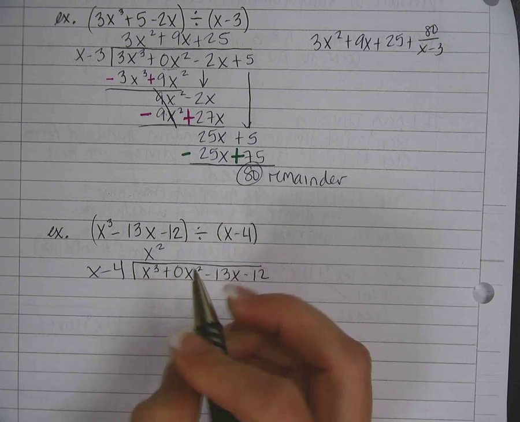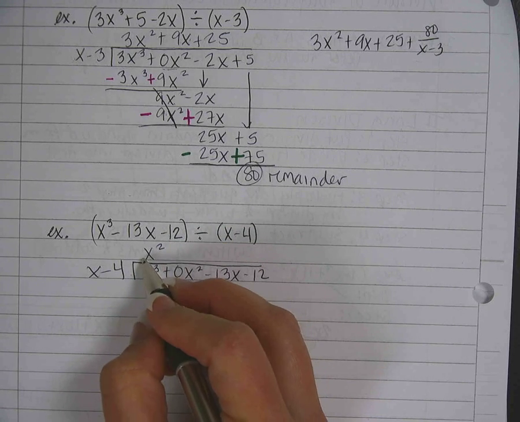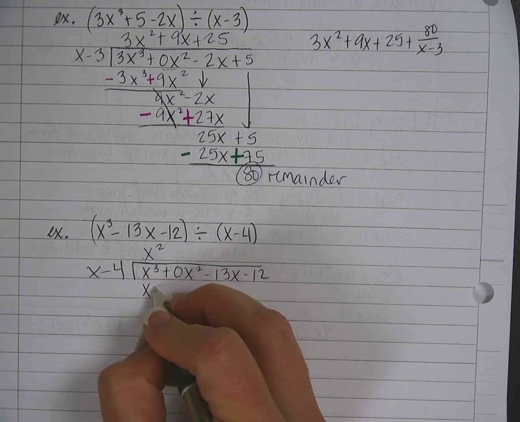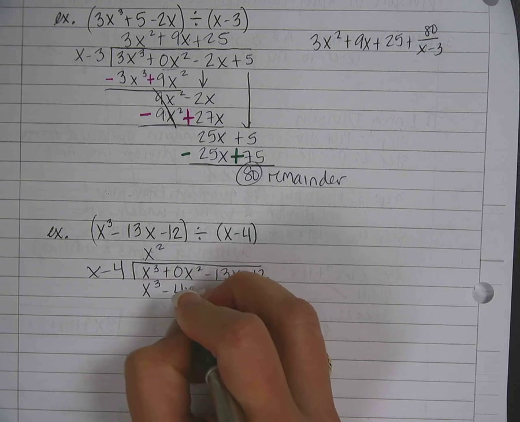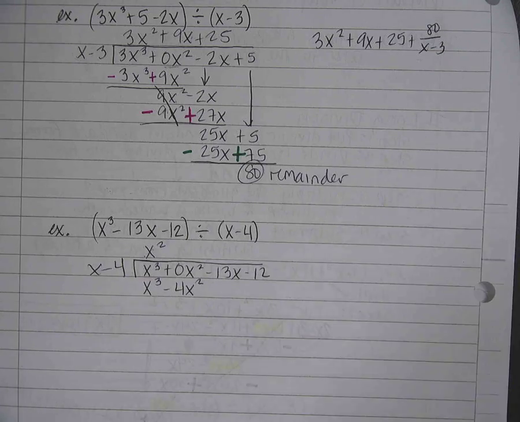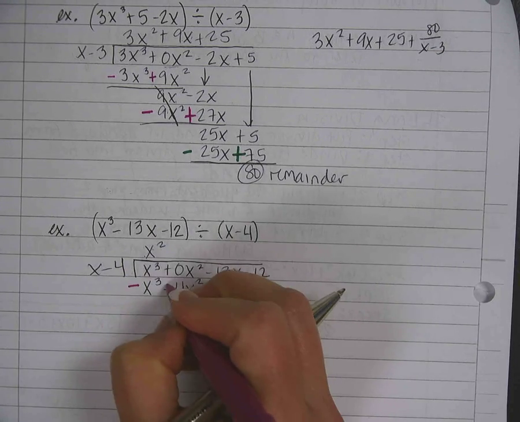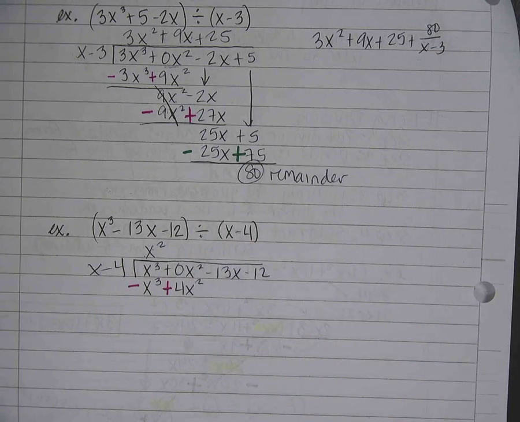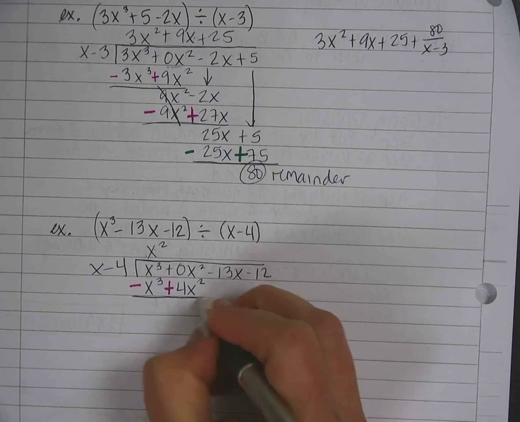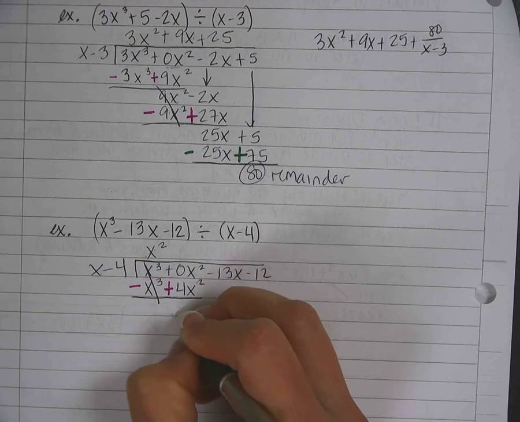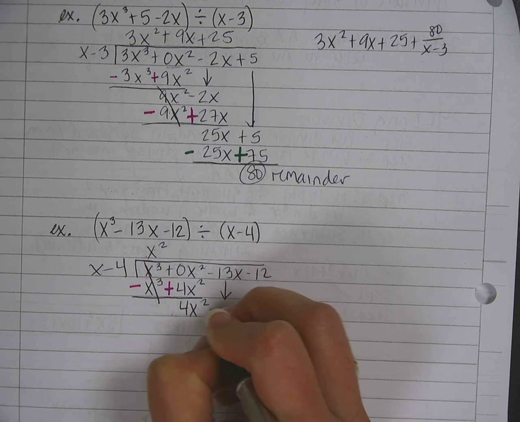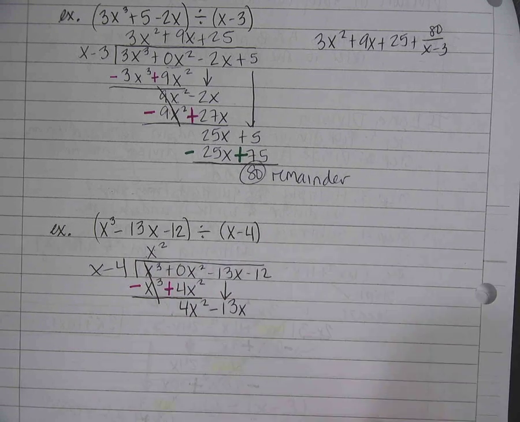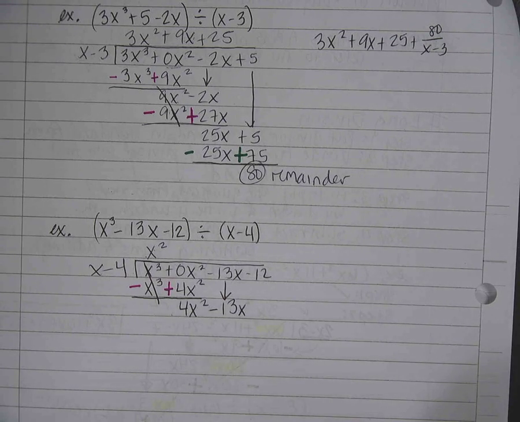I'm going to write an x squared here. x squared times x is x cubed. x squared times negative 4 is negative 4x squared. Switch my signs, negative, positive. I'm going to get these to cancel, and this will become 4x squared. And then you need to drag down your negative 13x.